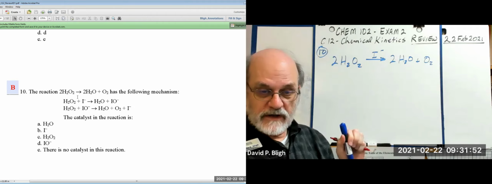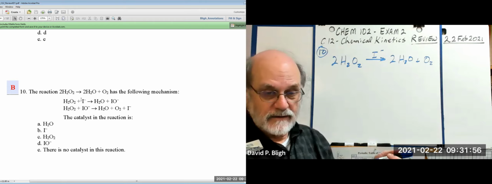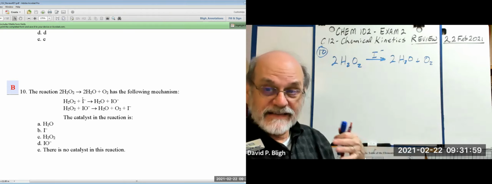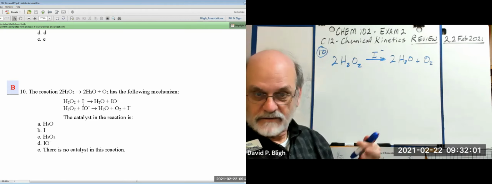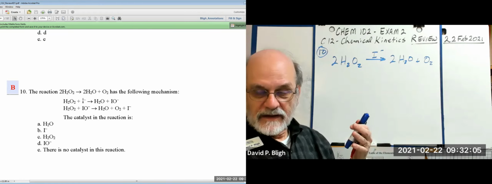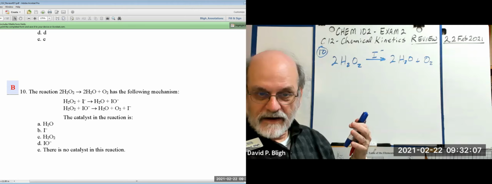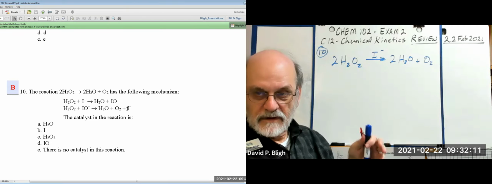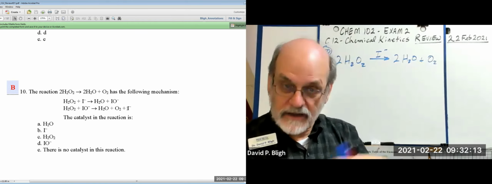What you look for is in one step, a component goes in, and then in a subsequent step, the second, third, fourth, however many there are, at some point that substance is reconstituted unchanged, or at least macroscopically unchanged.